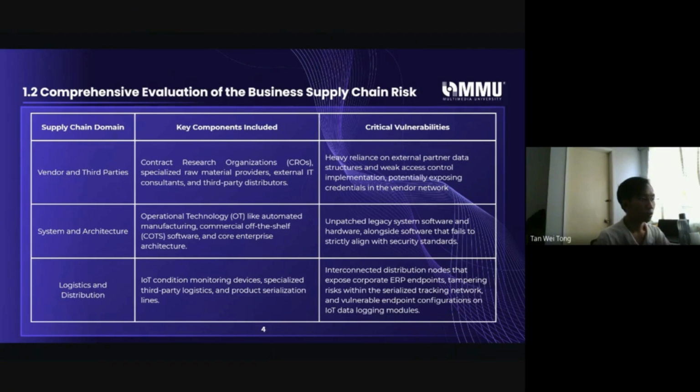Next will be logistics and distribution: IoT condition monitoring devices, specialized third-party logistics, and product serialization lines. The vulnerabilities are interconnected distribution nodes that expose corporate ERP endpoints, tampering risk with the serialized tracking network, and vulnerable endpoint configurations on the IoT data logging module.